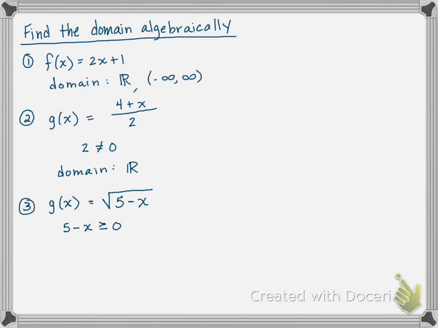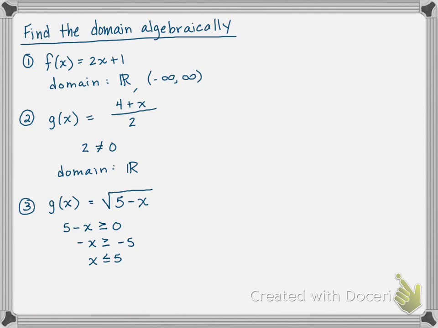But our domain talks about what x can be, so we have to solve this for x, so that we're getting values for x that satisfy this inequality as opposed to values for 5 minus x. So we'll subtract 5 from both sides and divide both sides by -1. So we get that x is less than or equal to 5.